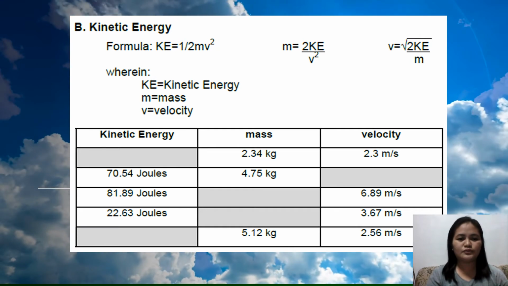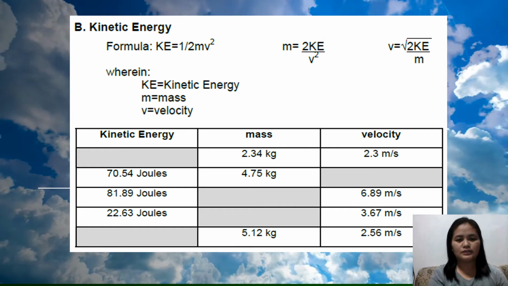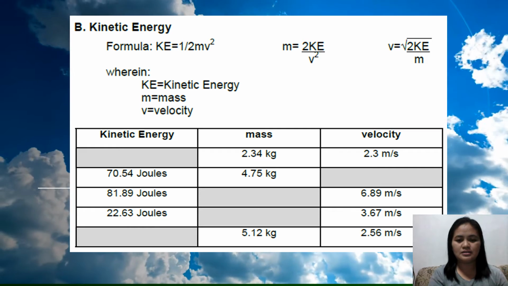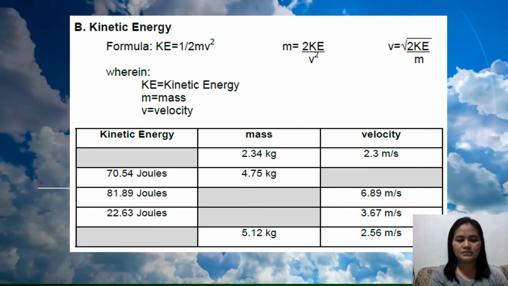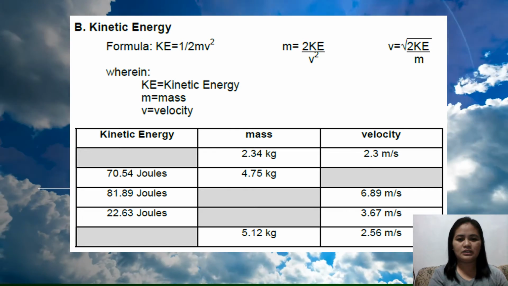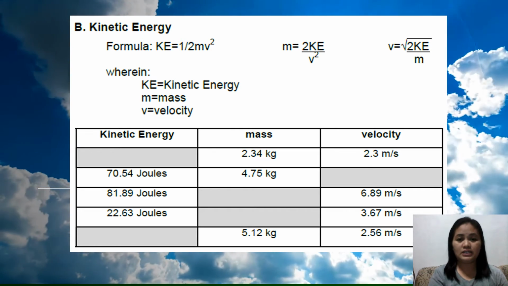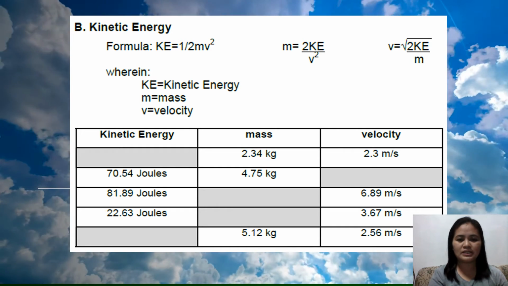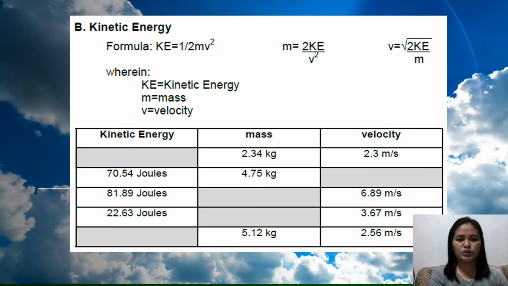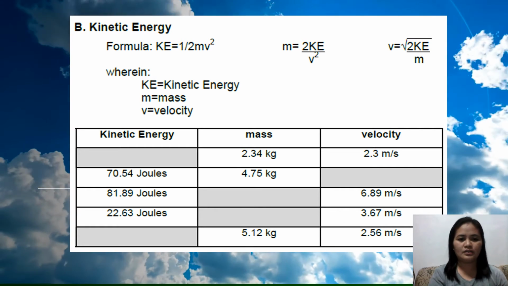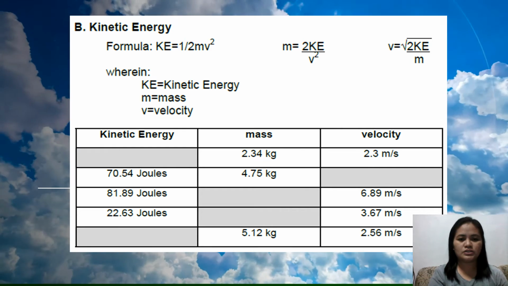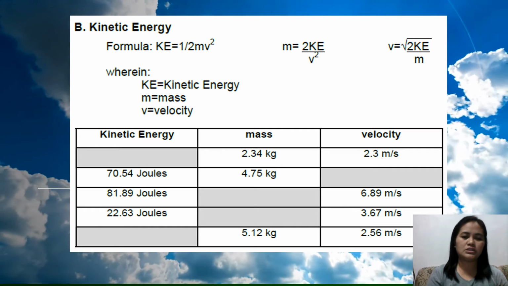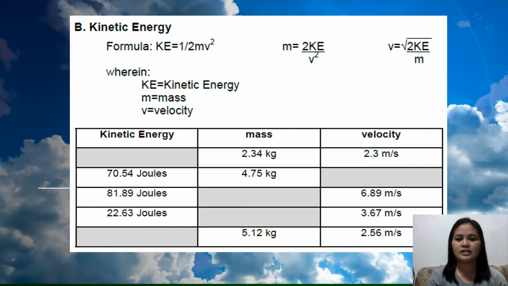So, for letter B, you will solve kinetic energy problems. Just fill in the missing data. What are the formula that you will use? KE or kinetic energy equals 1/2 times mass times velocity squared. Ano yung 1/2? 0.5 yun. Velocity squared. You will just multiply the value of velocity with itself.